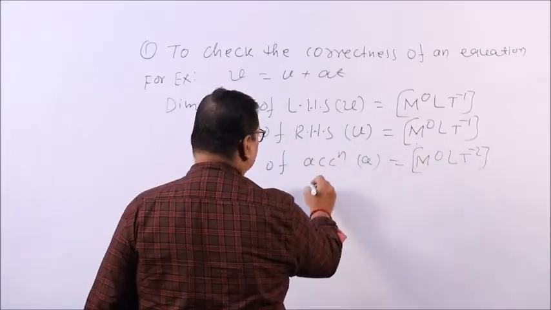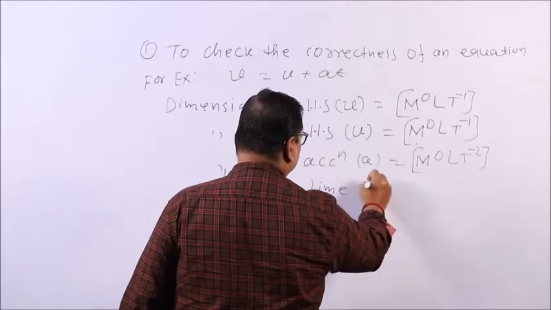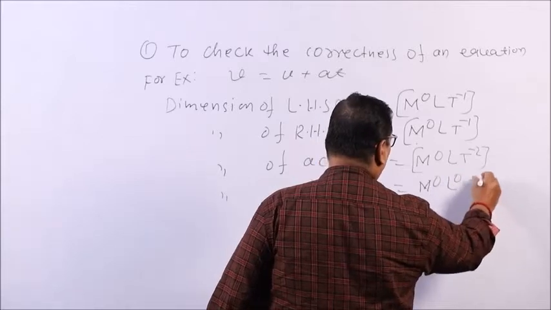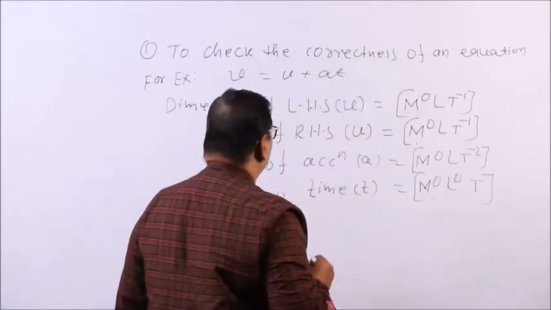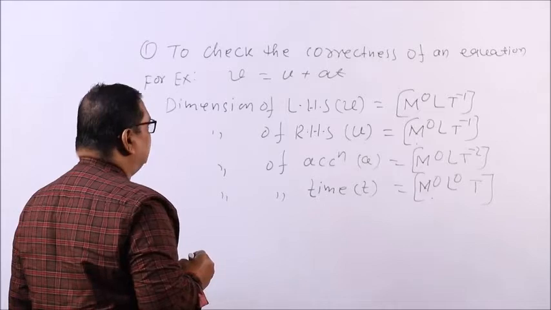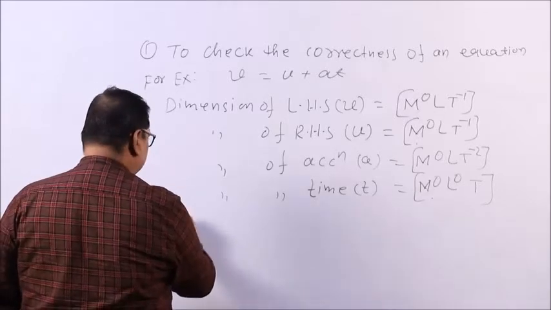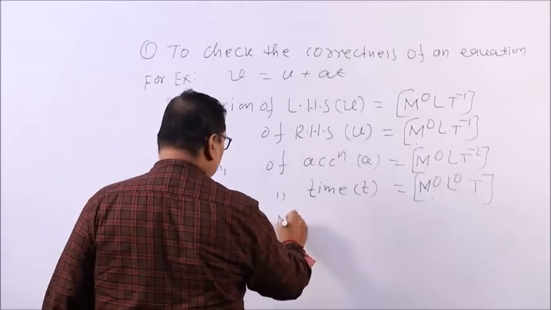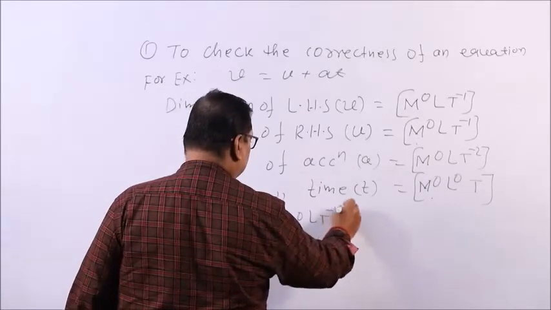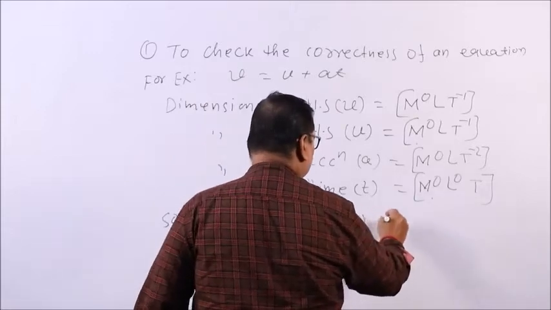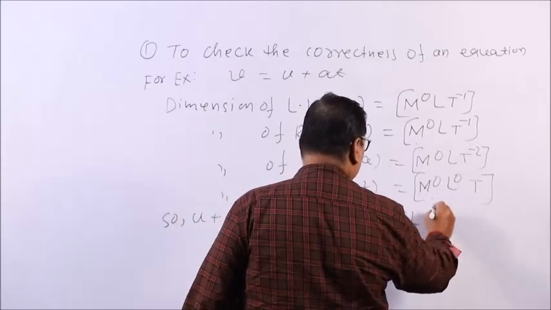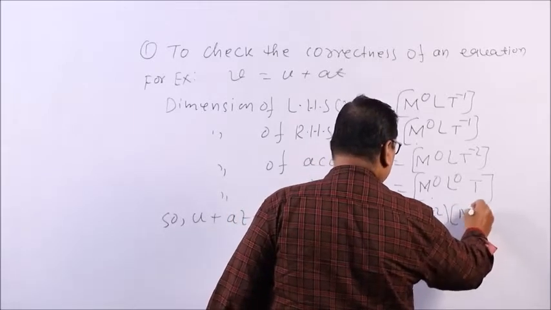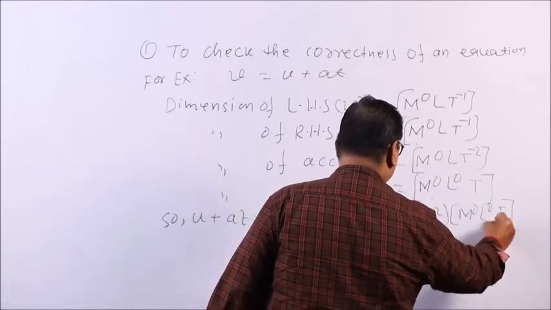Then the dimension of time t is M0 L0 T1. So, the dimension of the RHS, U plus AT, equals M0 L T minus 1 plus M0 L T minus 2 times M0 L0 T1.